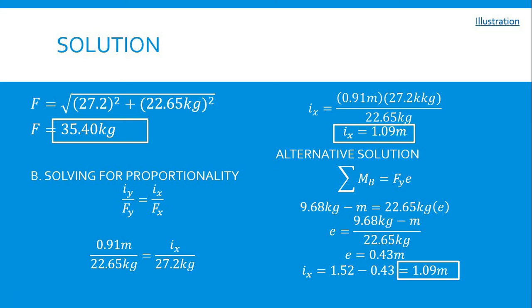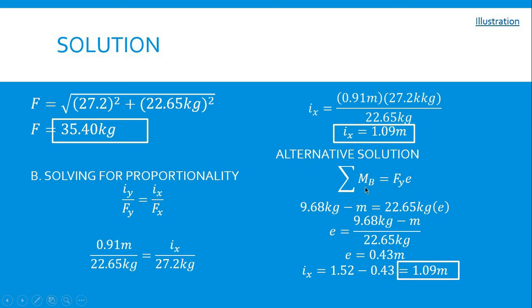X-intercept is equal to 0.91 meter multiplied by 27.2 kg all over 22.65 kg. We will get an answer of x-intercept of 1.09 meter.